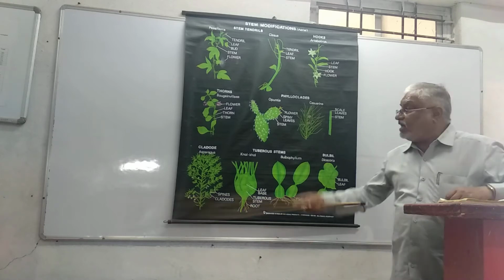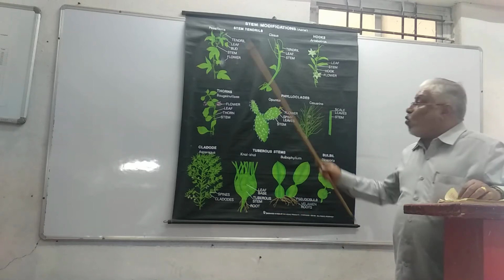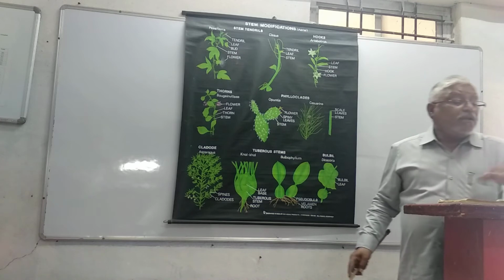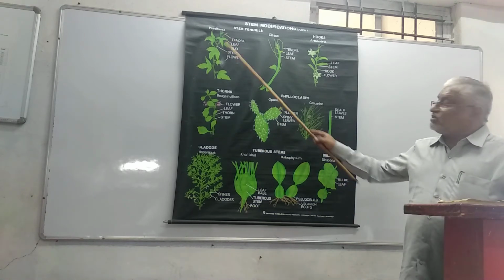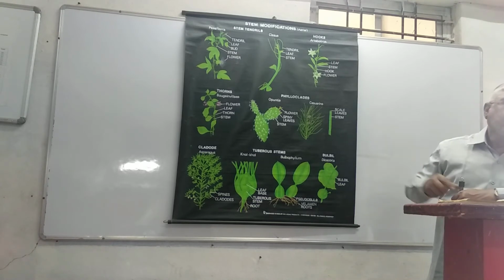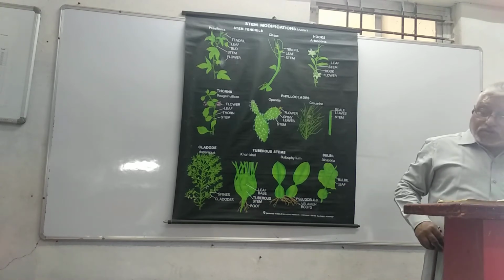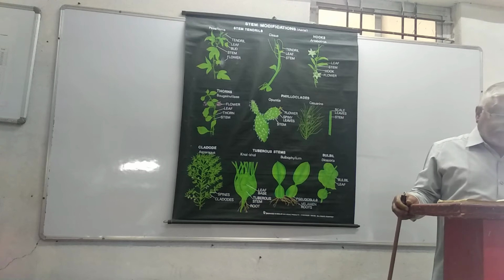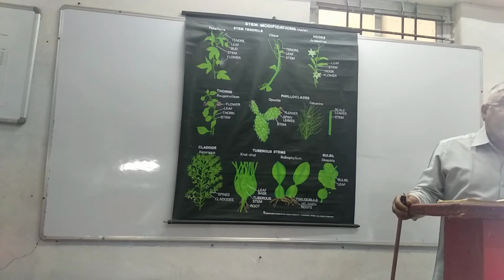These are thin, wiry, leafless and spirally coiled structures which help the plant in climbing.